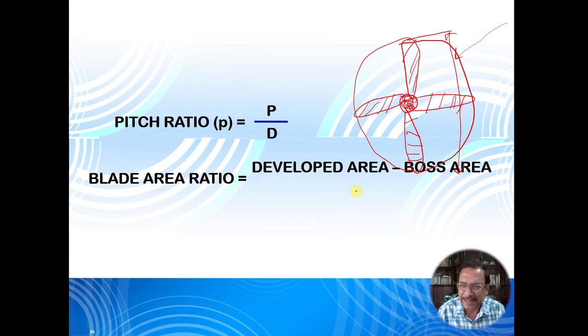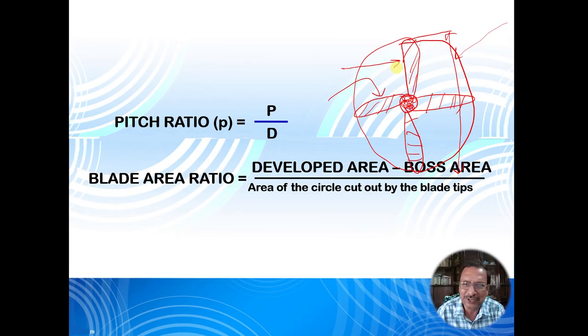So blade area ratio is developed area minus the boss area, meaning only the area of the blades is taken in the numerator. Only the area of the blades is divided by the area of the circle cut out by the blade tips, the area of this circle which the blade tip describes. That would be the denominator, and that ratio is called the blade area ratio.